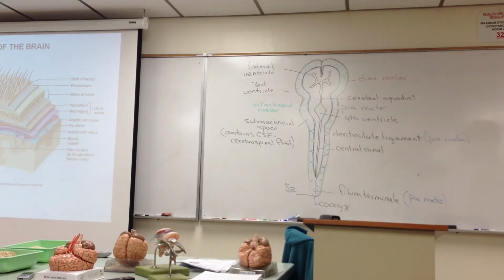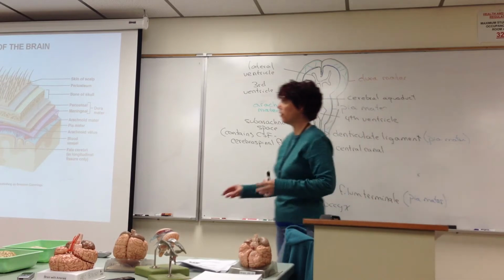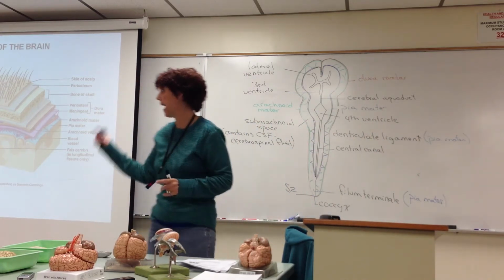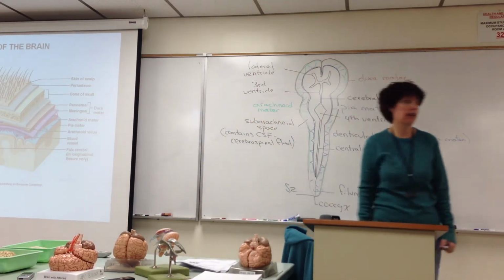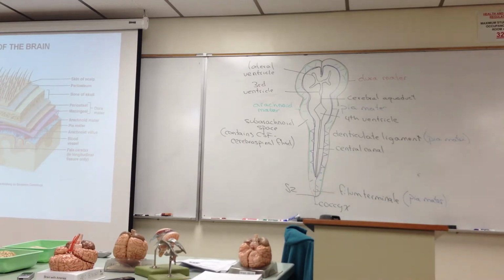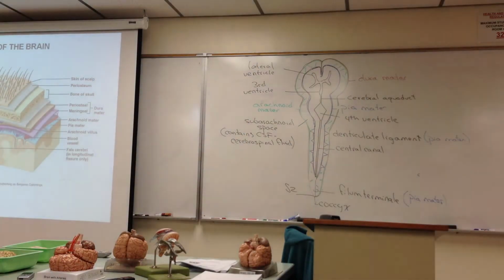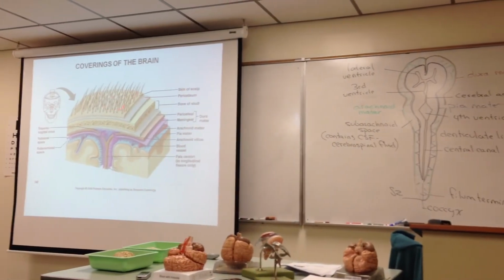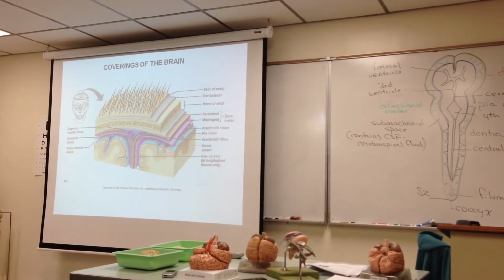So as we look at these meninges, this is kind of just an overall view of what they are. We'll come back and look at this diagram. It's on the screen right now. I'll draw that in a little bit more detail. So here we have the scalp, the skull, periosteum over the skull, and then the dura mater.